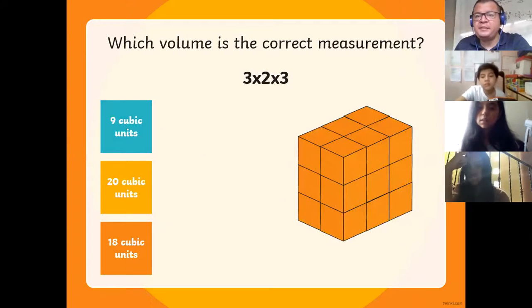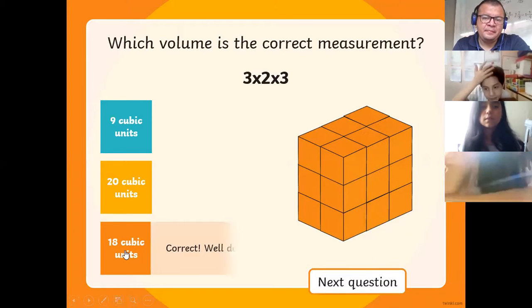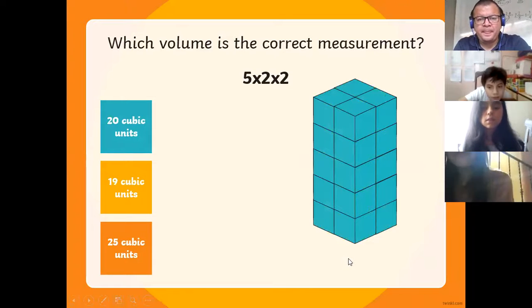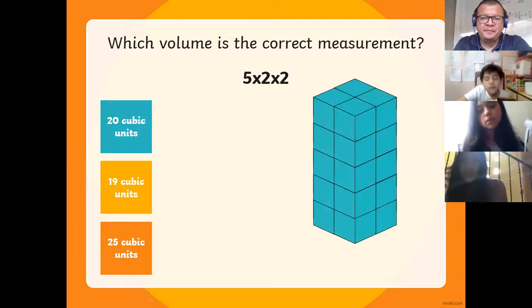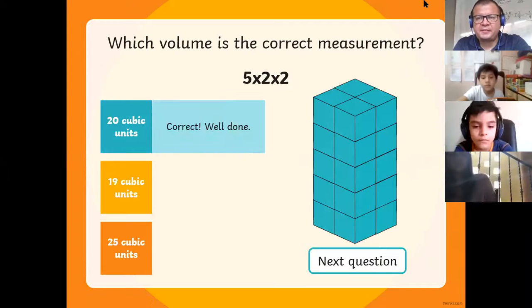Which volume is the correct measurement? 18 cubic units. This one. 5 times 2 times 2. It's 20 cubic units.